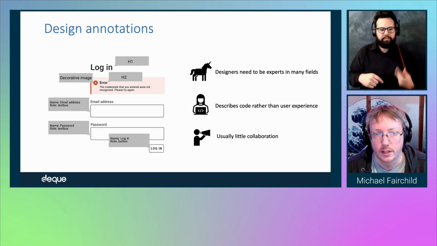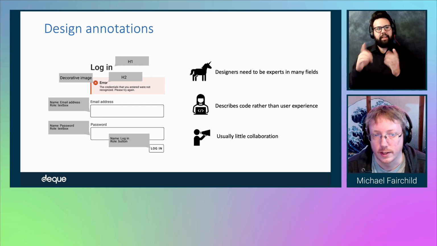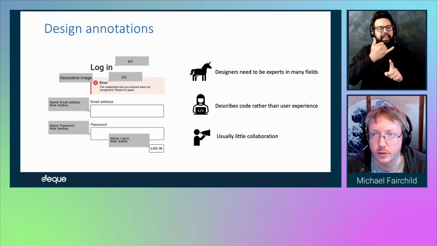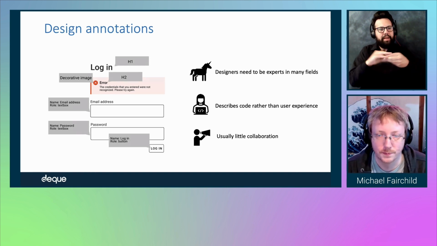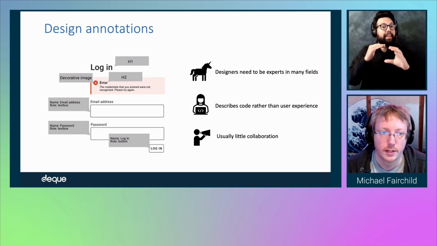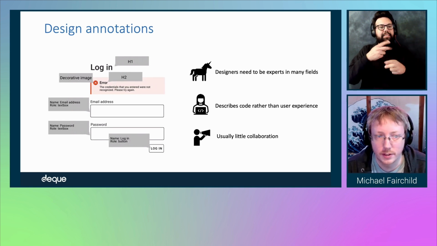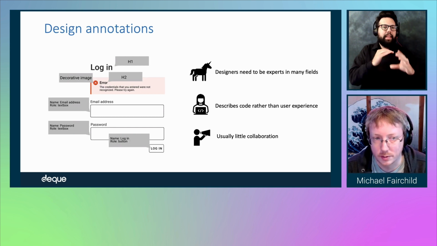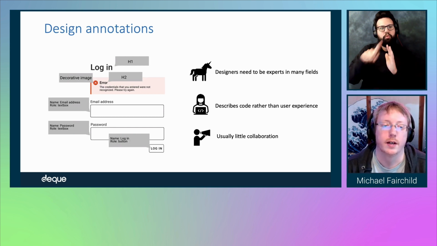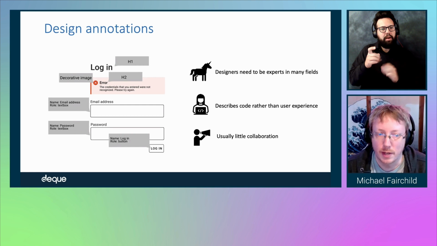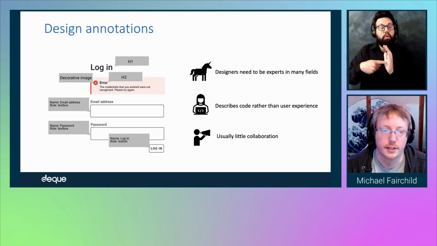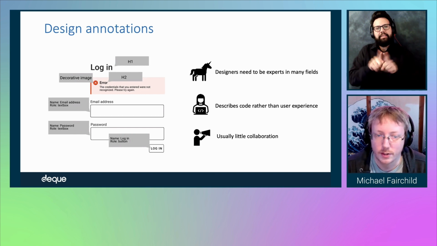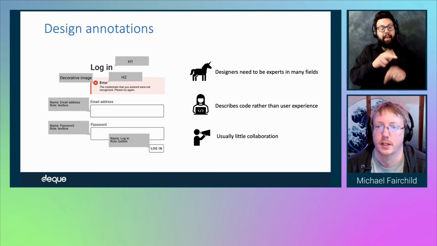Next to the error text, the heading for the error message, there's an annotation that says it's an H2. For the email address, the annotation is name should be email address, role equals text box. For password, the name is password, the role is text box. For the login button, the name is login and the role is button, right?